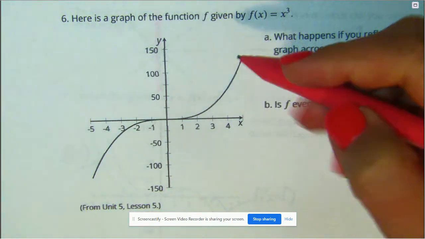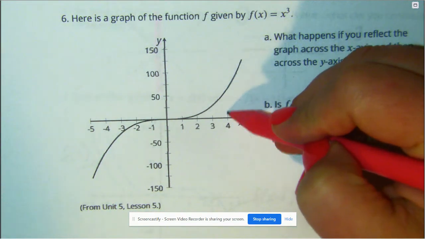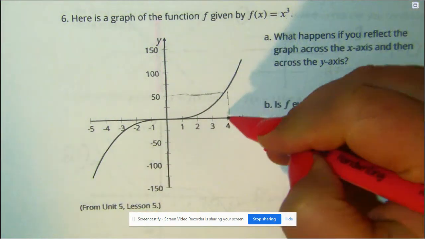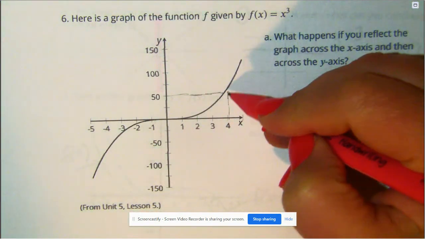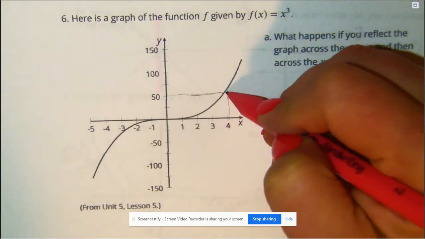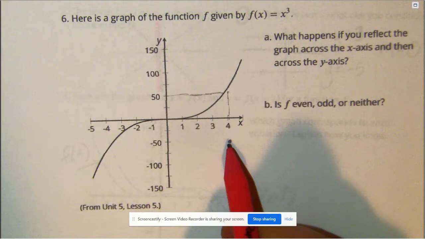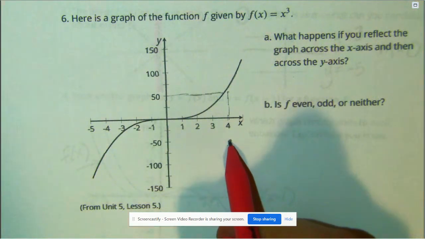I'm going to show you with tracing paper too, but I imagine if I took this point here, which is like (4, 50). If I reflect that across the x, that would become (4, negative 50). Now if I reflect that across the y, I'm going to get (negative 4, negative 50).